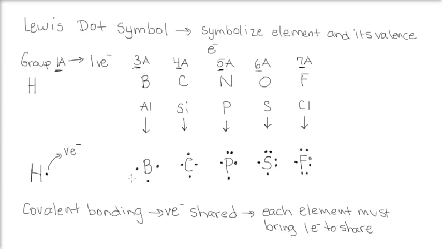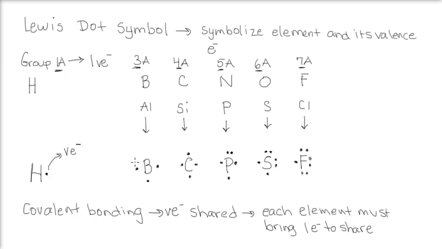So based on the Lewis dot symbols, the number of single electrons that are not paired is what is going to tell you how many covalent bonds that element can possibly make.